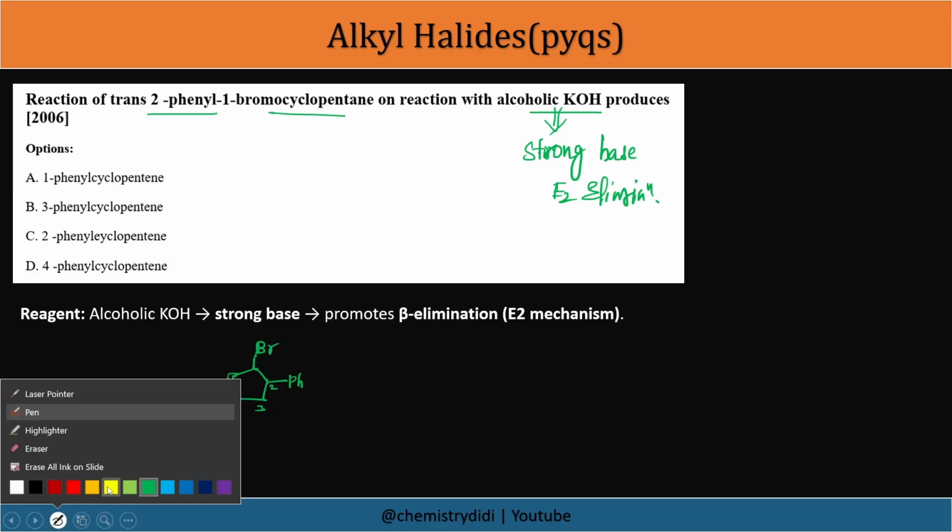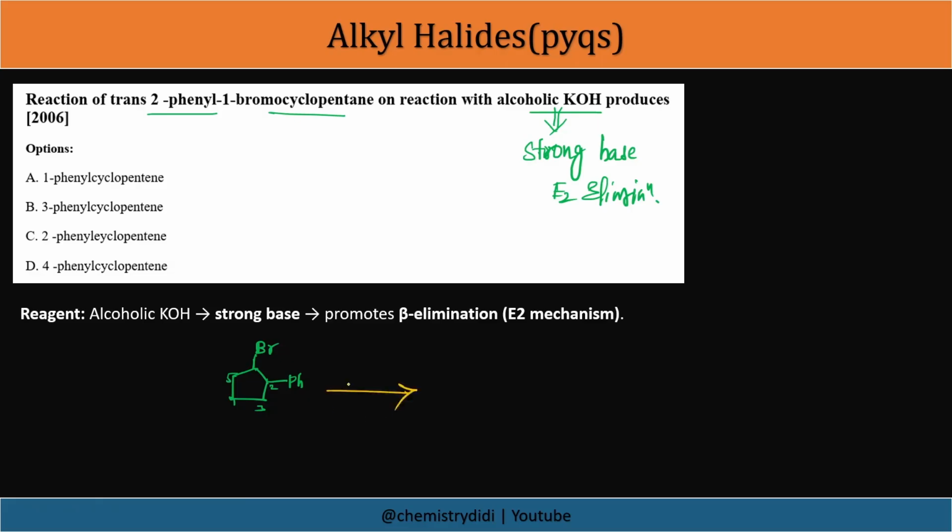Now what happens if we take this with alcoholic KOH? It simply undergoes an elimination reaction. They have mentioned trans to phenyl. Generally this undergoes E2 elimination. For E2 elimination, an anti-periplanar configuration should be there.